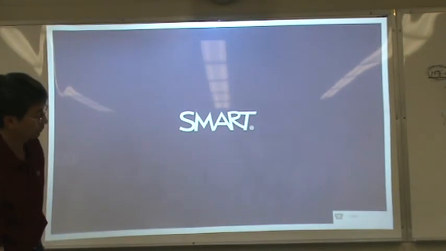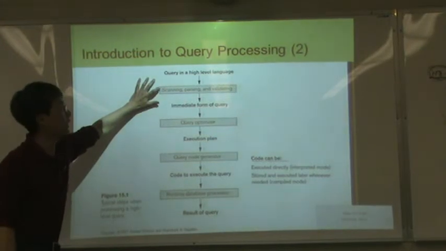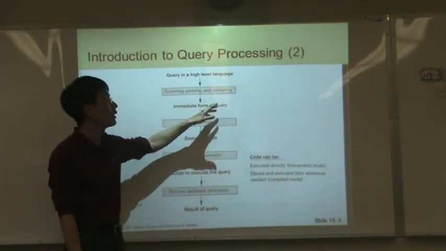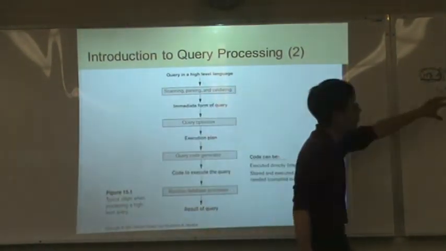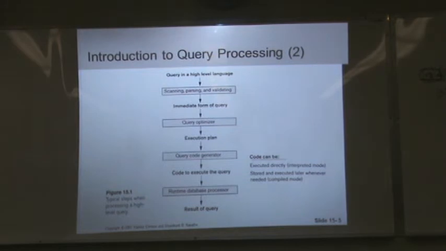What's the problem? Yes. The scanning, parsing, and validating. Okay, the intermediate form of the query will be stored somewhere in your memory. Why do we need to keep such an intermediate code in the memory? Just for record?